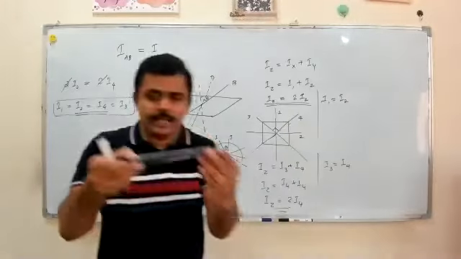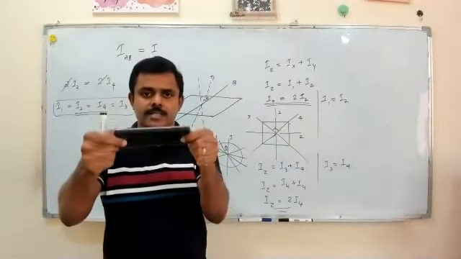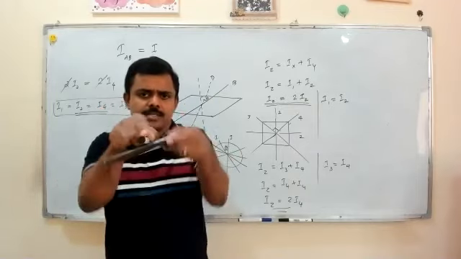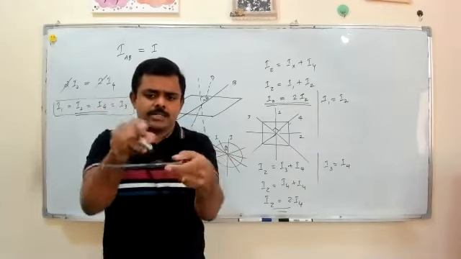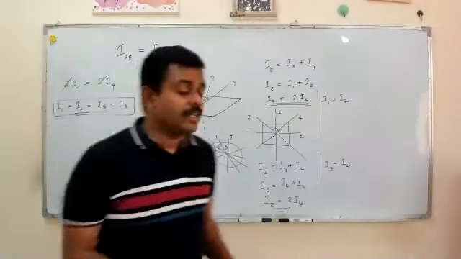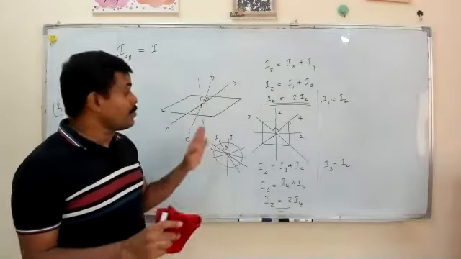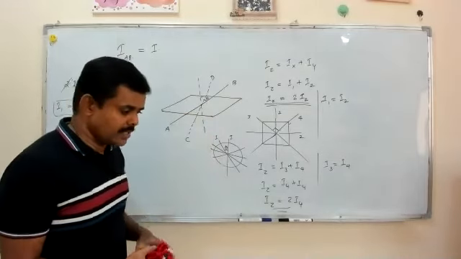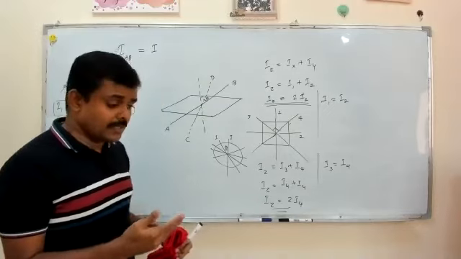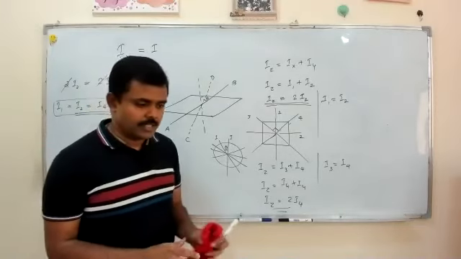Just imagine this square lamina rotating about any axis in its plane. The final answer is that the moment of inertia will be the same for all of them. So the answer is option A. See, it's such a simple question, like the previous IIT JEE question. Did you understand this?